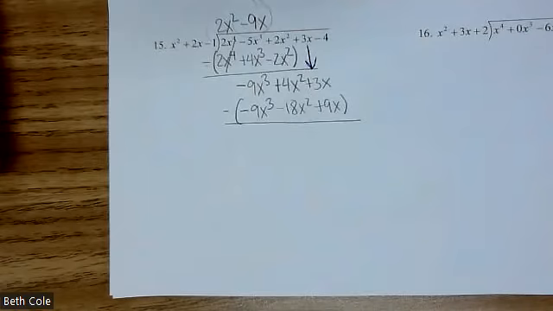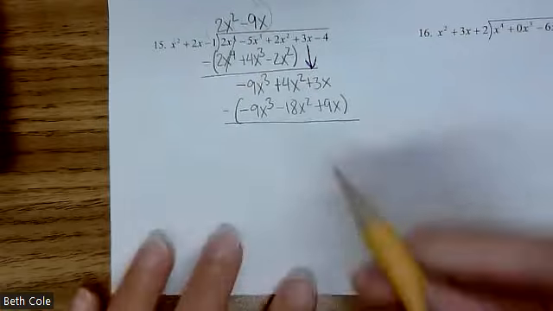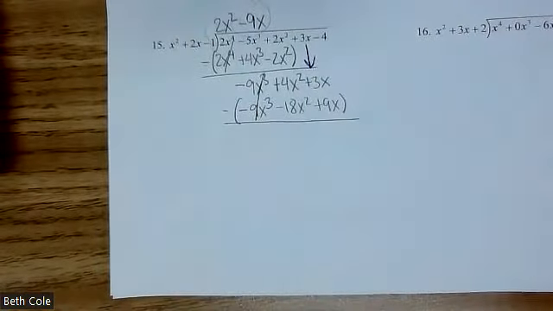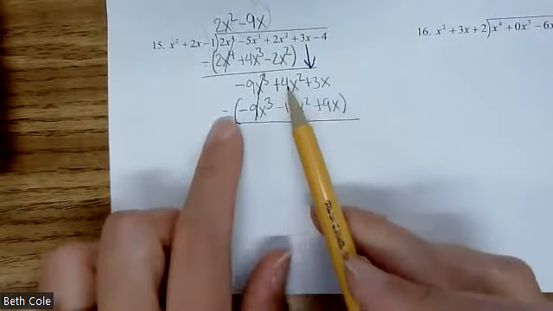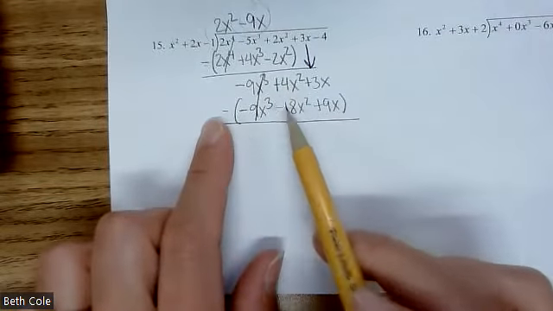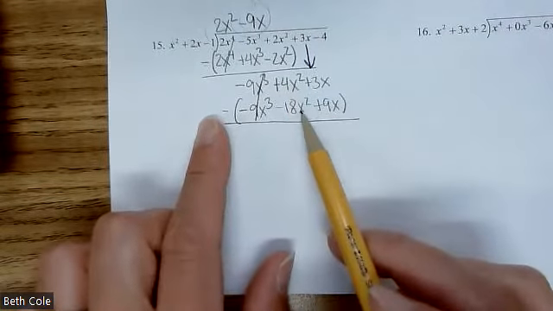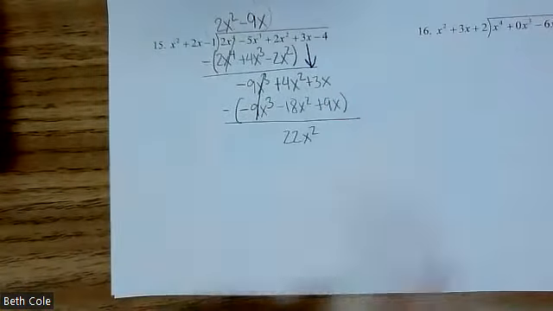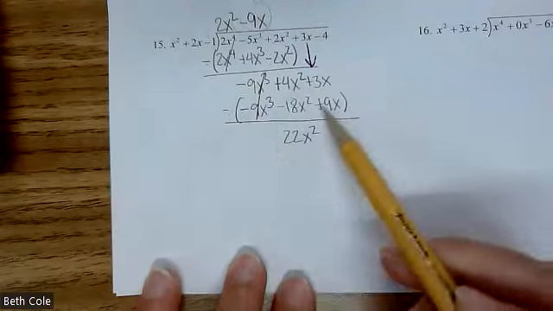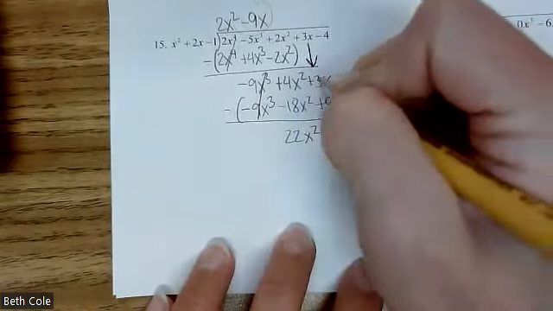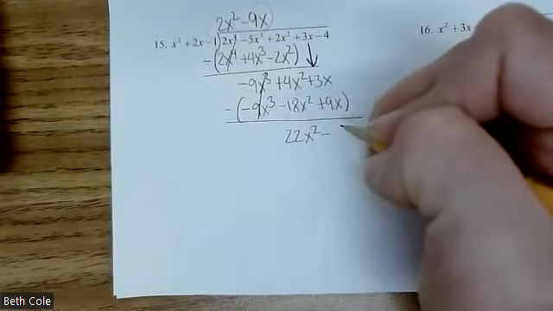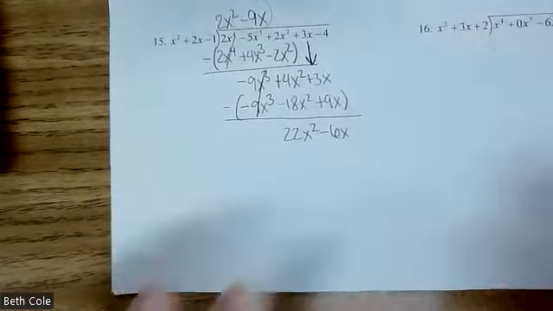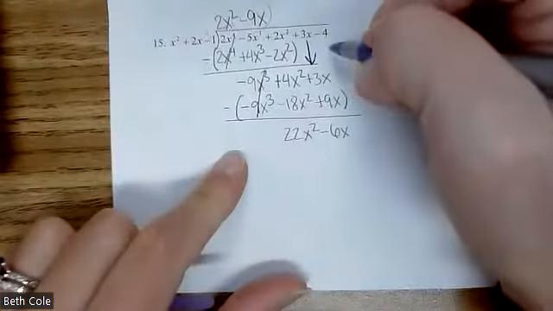If you're like, this is tough, you're right. It is. You got to work harder when it's tough. That's my pep talk. First column is going to cancel. So the next one, it's 4 minus -18. So plus 18, it'll be 22x squared. And this column is 3 minus 9. Good. Perfect. -6x. You're going to bring down the -4.